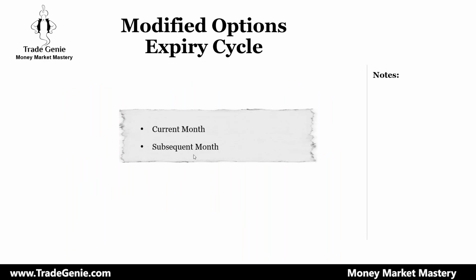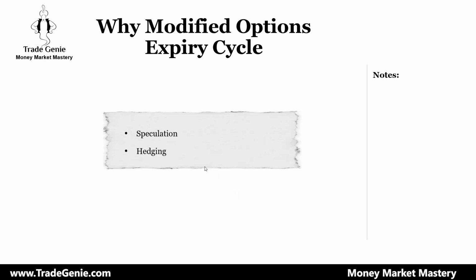They said all options will have a current month and subsequent month, and the reason for it is speculation and hedging. So they want you to speculate. Traders speculate. Option trading is speculation, so you have to be right on the timing. And hedging, so you can hedge your portfolio.